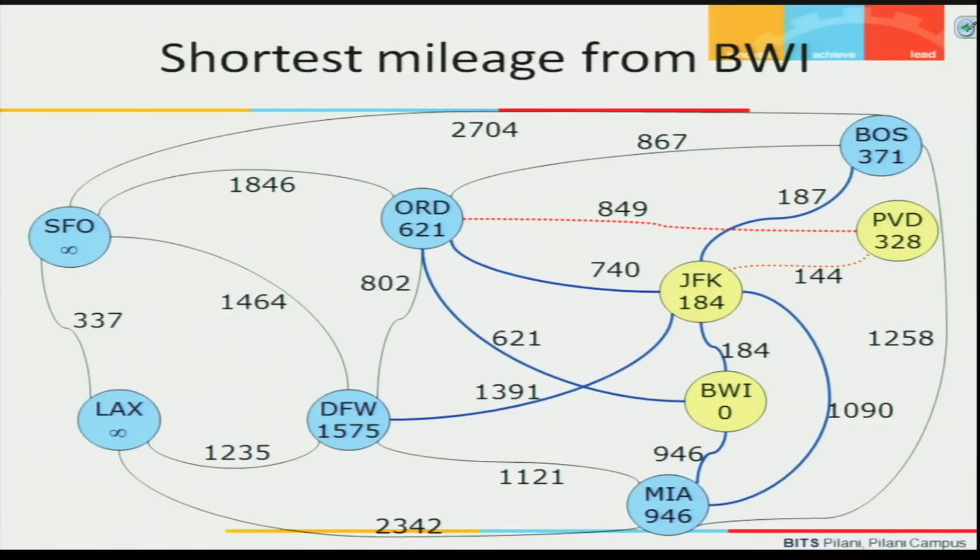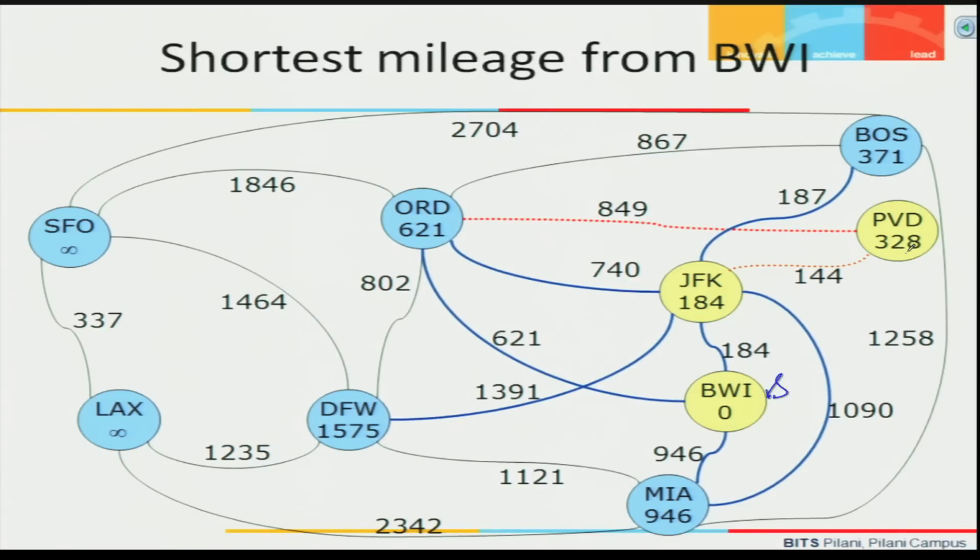So, next 328 is added to the cloud. We are now at nodes which are at a distance 2 from our initial vertex. This was the source vertex and this vertex is at a distance 2. In this case, distance is the number of hops that we are looking at. Now, we continue with this.